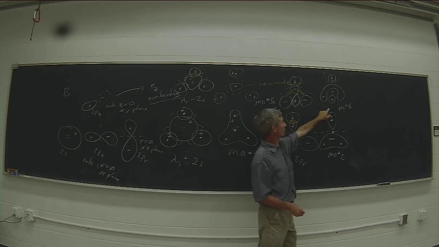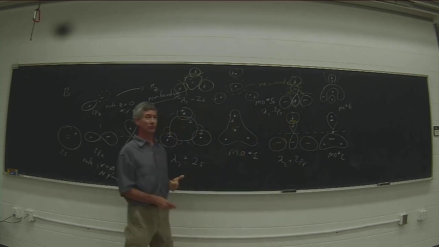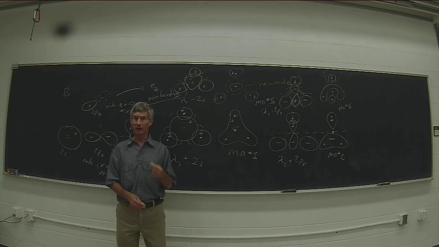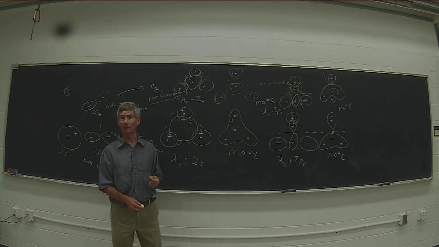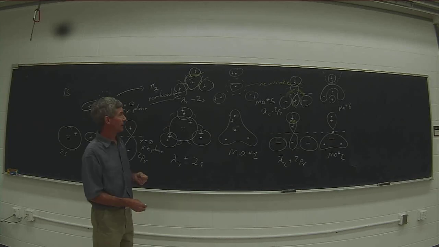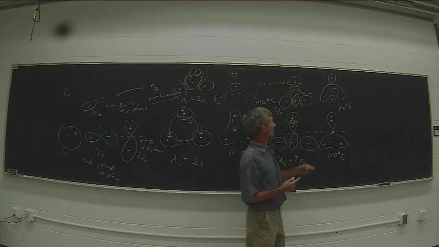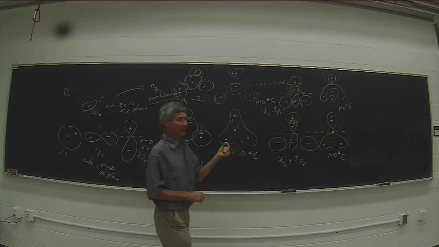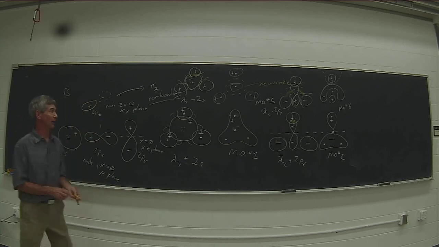This molecular orbital number 6 was formed from a higher energy ligand group orbital, lambda 2, which had a node, and a higher energy atomic orbital, because the 2p subshell is higher in energy for boron than the 2s subshell. So if the two atomic orbitals that form it are both higher energy than the two that form the other one, the resulting combination would be predicted to be higher in energy.